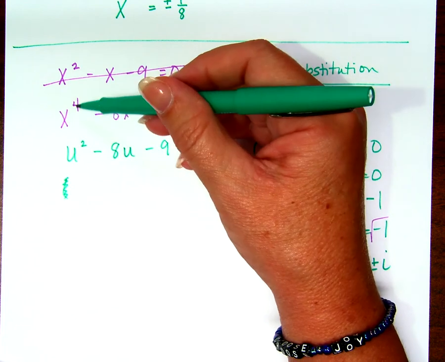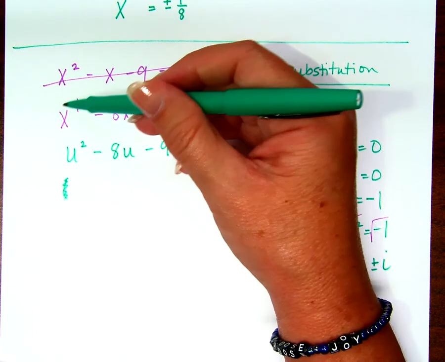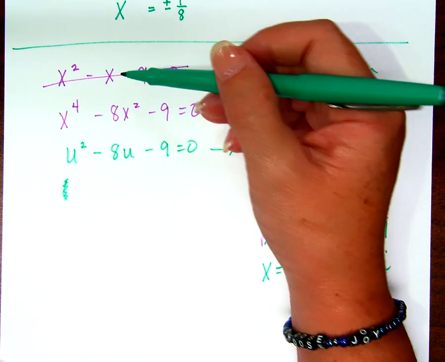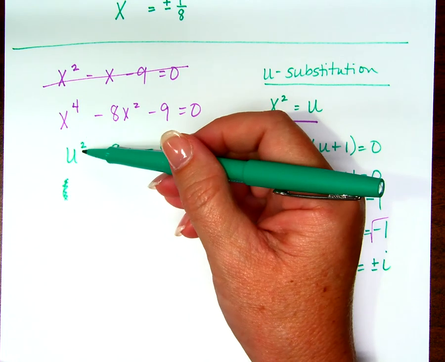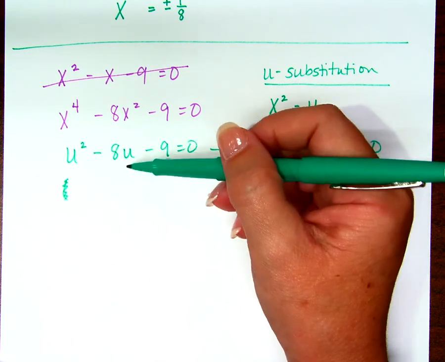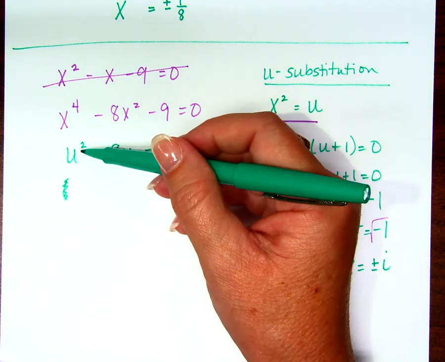Look at the exponent here, 4 and a 2. How does this exponent relate to the first one? It's half, isn't it? 1 is half of 2. 2 is half of 4. Could this be a 6? Yeah, if this was a 3, then we would use u equals x to the 3rd, because this would still be u squared.